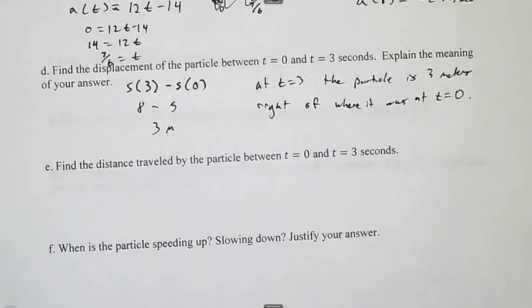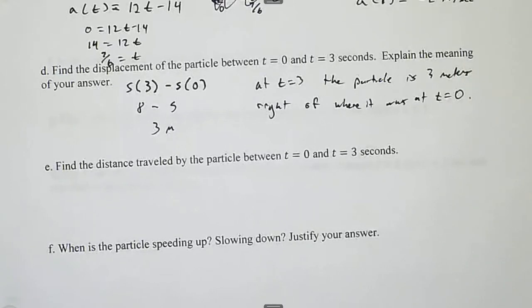Next, we're going to find the distance traveled by the particle from t equals 0 to t equals 3. Distance is the absolute value of displacement, but we have to be careful about what that means.